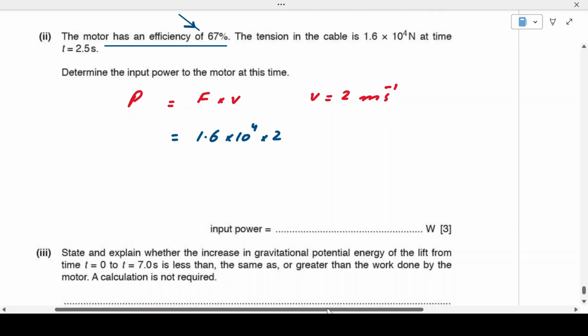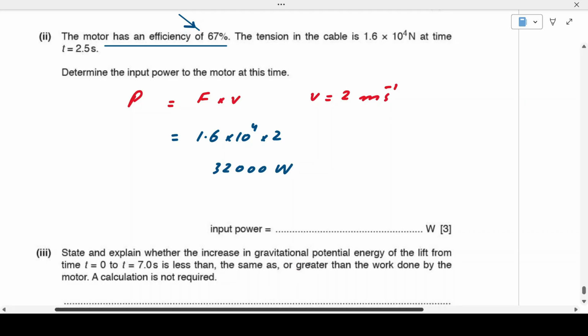So let me find this one quickly. 1.6 into 10,000 multiplied by 2. 32,000 watts. Okay, this one is 32,000 watts.